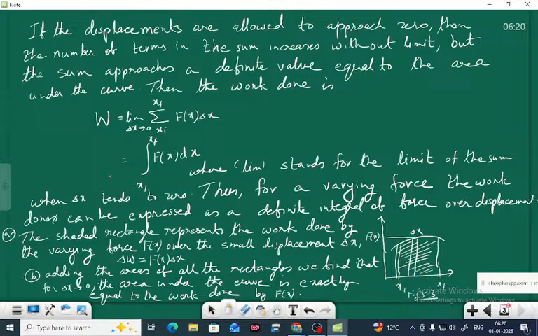So we find this area, this work done, as the integration of fx dx.